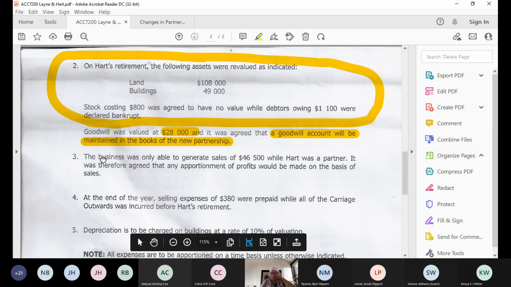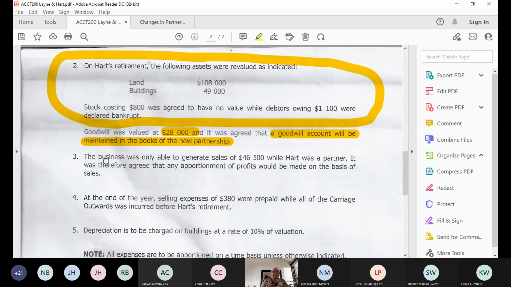Note number 3 is important when we are dealing with our sales, trying to calculate our gross profit, etc. So note number 3 says the business was only, okay, listen carefully. You see this word only? This is a strong word here. The business was only able to generate sales of $46,500 while Hart was a partner.